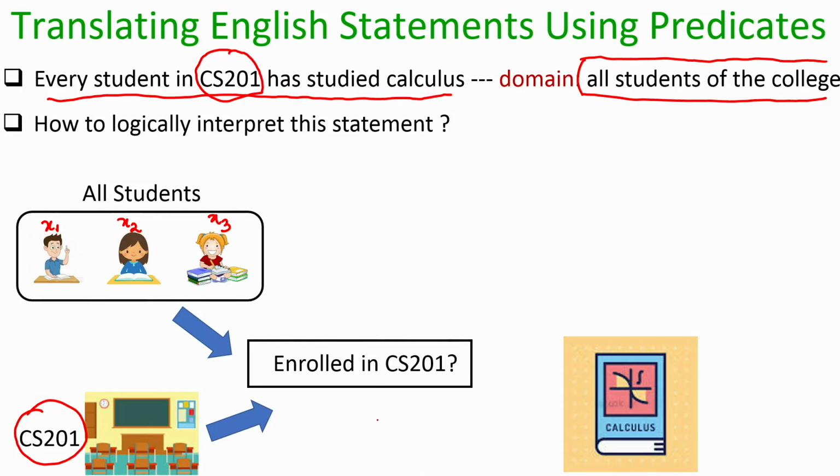In the same way, if x2 has enrolled for CS 201, then it has studied calculus. In the same way, if x3 has enrolled for CS 201, then it has studied calculus.